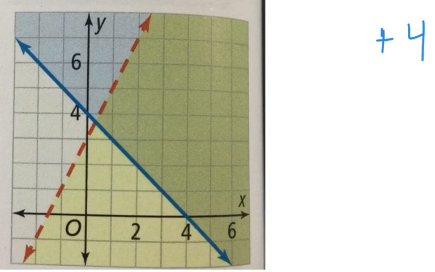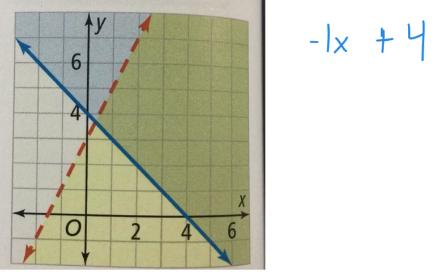And it has a slope of down 1, right 1, down 1, right 1. So the slope is -1. Negative 1x, which we could write as -x or -1x. Doesn't matter. So the equation would be y equals this.